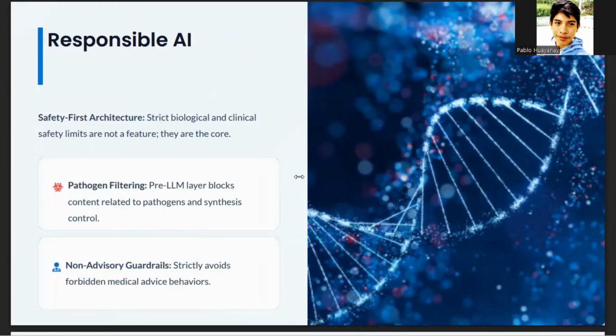We also know that a key AI pillar is safety by design, and we implement a pre-LLM safety layer via Azure Content Safety that blocks requests and controls the interaction with the users.